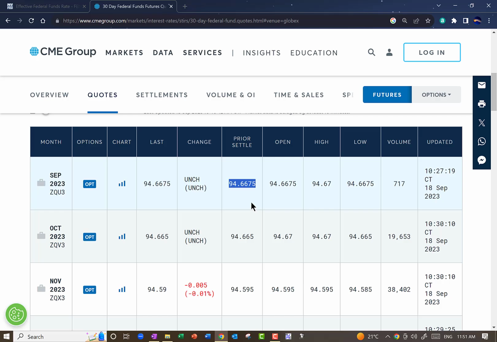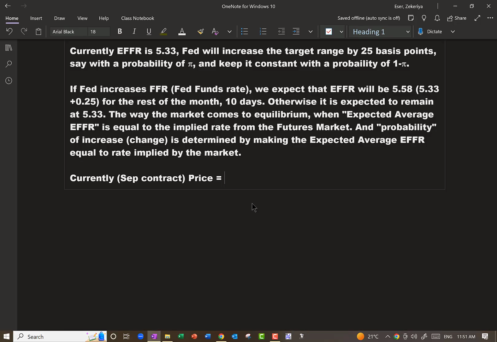What was that number? 94.6675. That implies a rate of 100 minus 94.6675. So the market is expecting an average rate of 533.25.